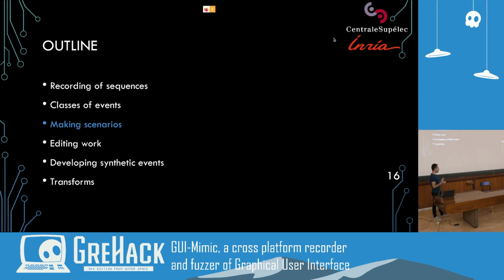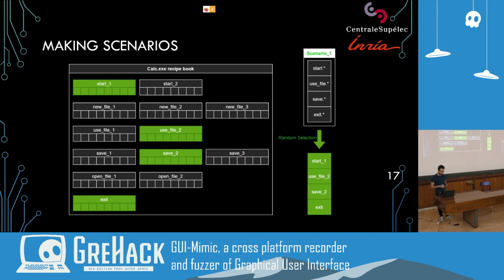Now, let's suppose we made enough sequences, we've recorded enough data to play, we want to make scenarios, which are a set of rules to tell the system how to use the sequences. So for example, let's say I've made a recipe book for a given application. This means a lot of sequences of different use cases.